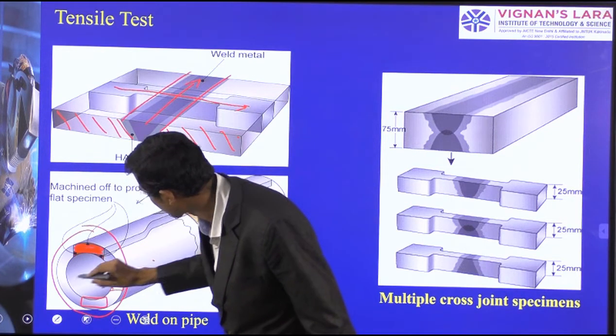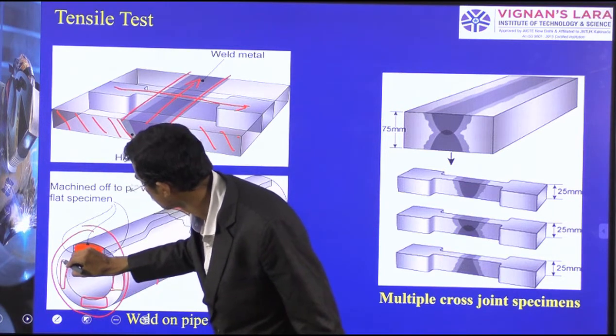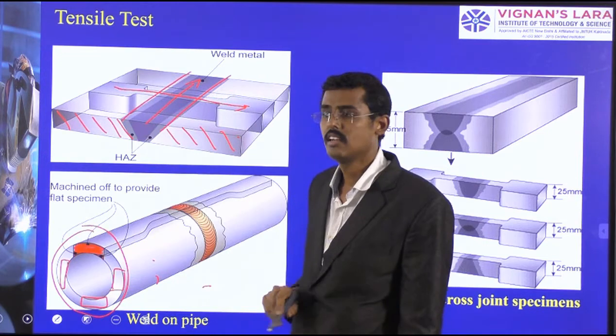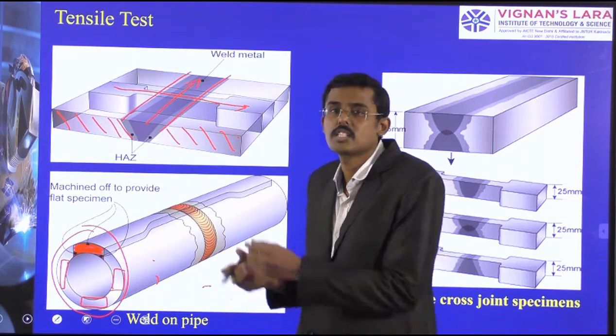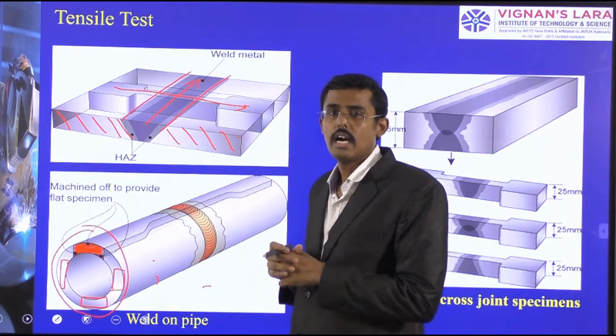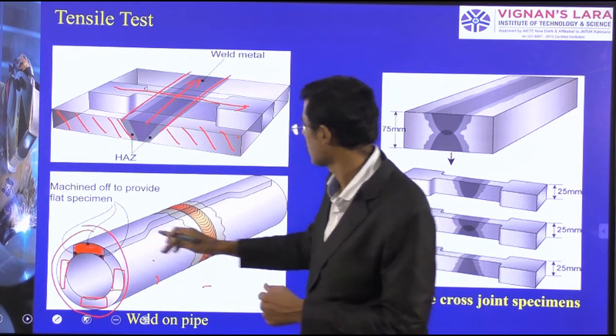These flat strips are taken out and can be utilized for testing purposes. This flat strip can be taken where it is non-welded for the tensile test of the base material, and the welded zone we can take for the tensile test of the welded zone. So such cases we can do.